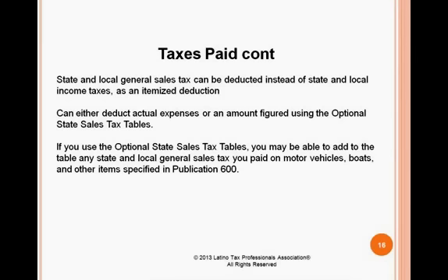You can either deduct actual expenses or an amount figured using the optional state sales tax tables, which you can find through your 1040 instructions. The optional state sales tax tables are nice because you may be able to add to the table any state and local sales tax paid on motor vehicles, boats, and other items specified in Publication 600. So that's why I ask about a newer car. Can be a truck, could be a boat, could be an RV.